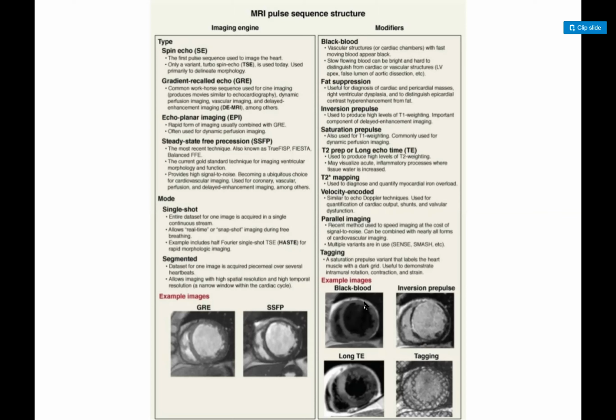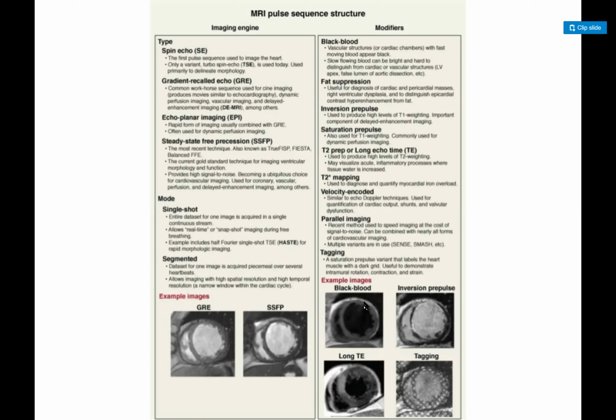Then comes something called fat suppression. What is fat suppression is that because there's a lot of fat in the body, and fat is very close in T1 and T2 properties to water, you want to distinguish it from other cardiac structures or contrast as well as the fluids.